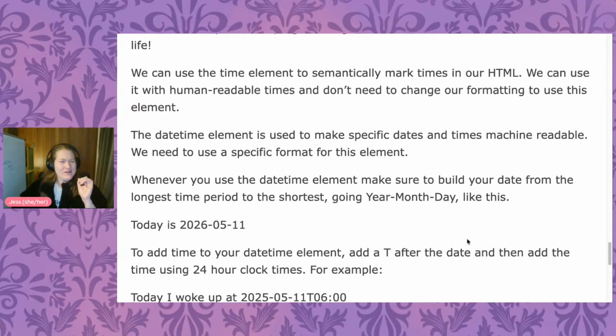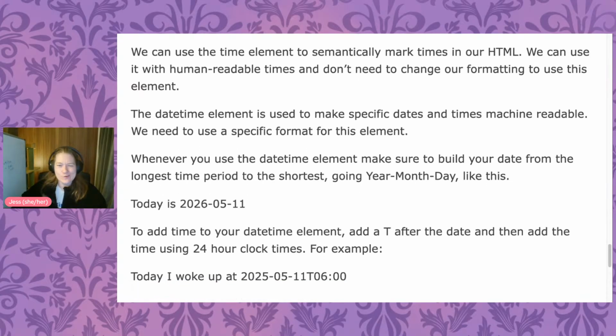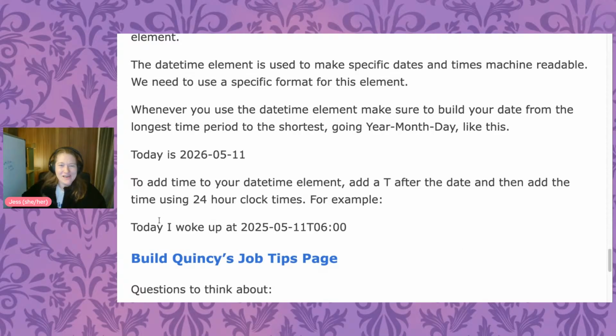If you write date time, you can just write the date as 2026-05-11. If you want to add the time after it, add a T after that and add the time using the 24-hour clock. For example, today I woke up at 6 a.m.: 2026-05-11T06:00.